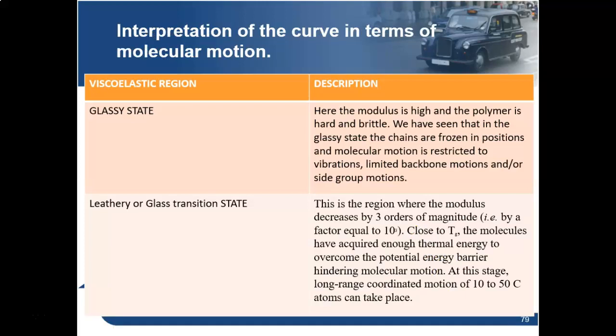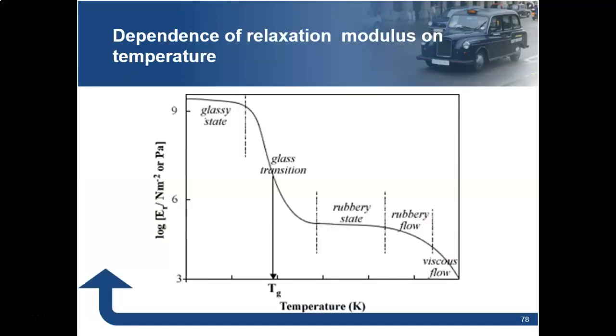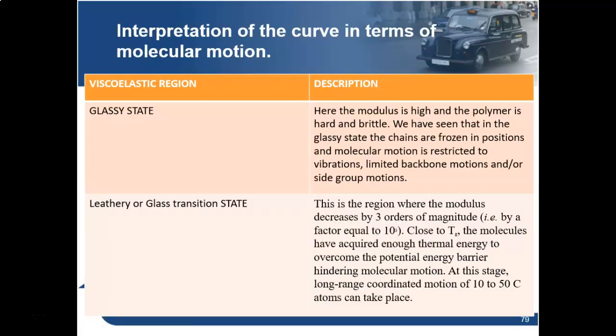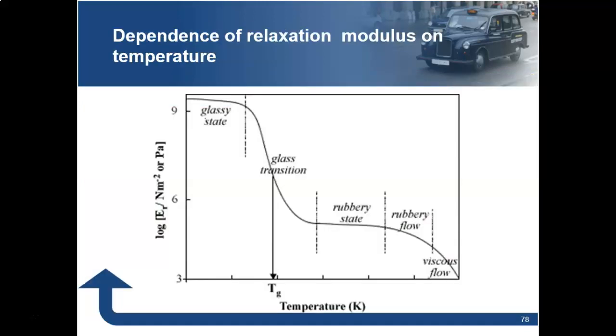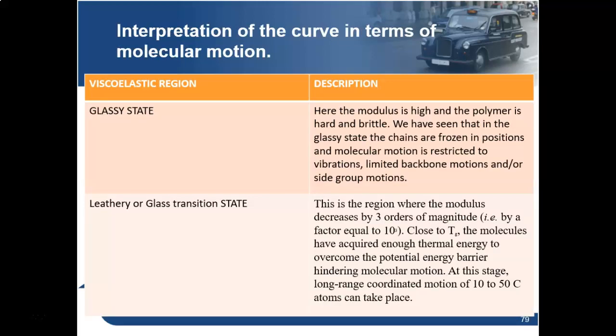Okay, in the glassy state, the modulus is high and the polymer is hard and brittle. So the polymer here is in the hard state. We have seen that in the glassy state, the chains are frozen in position and molecular motion is restricted to vibration. And in the glass transition state, the modulus decreases by three orders of magnitude, close to Tg.